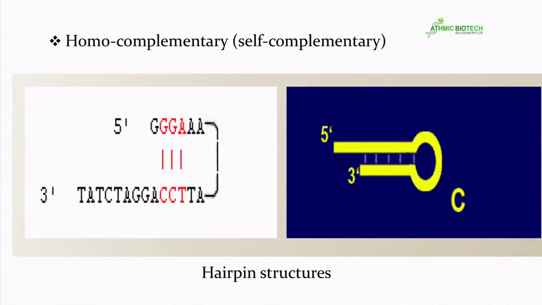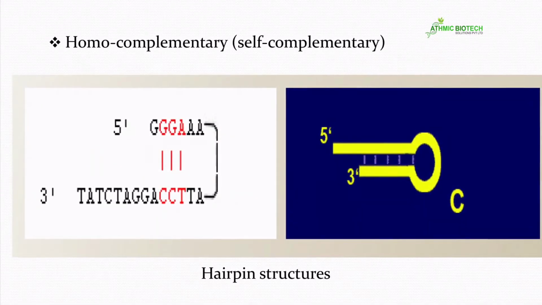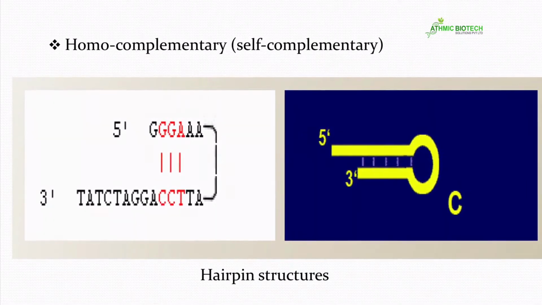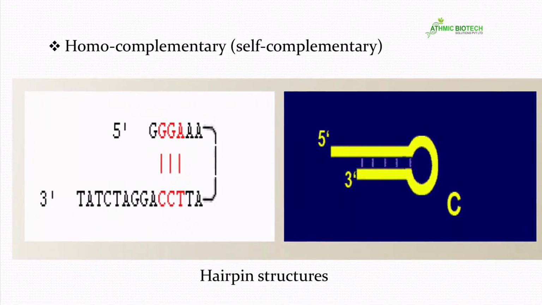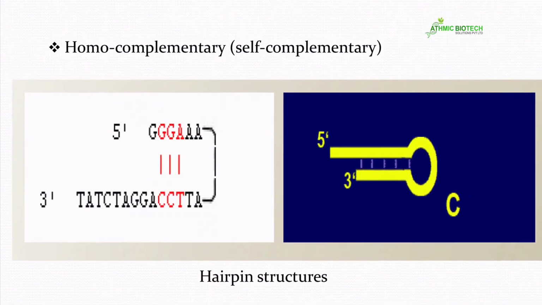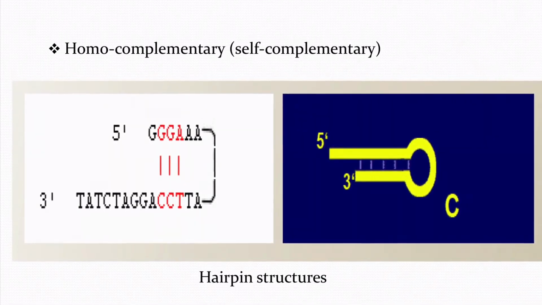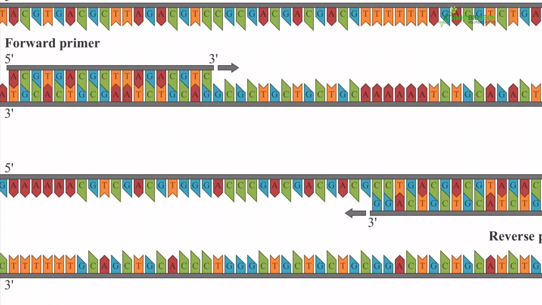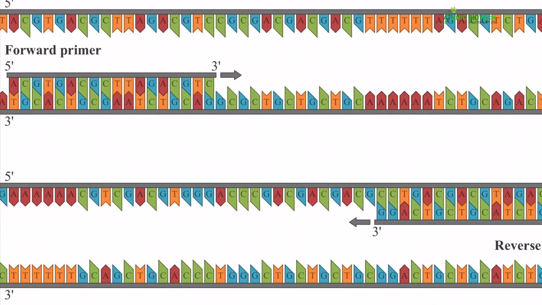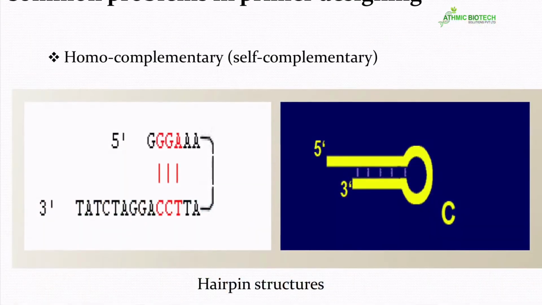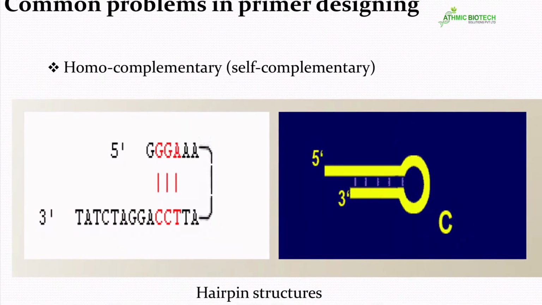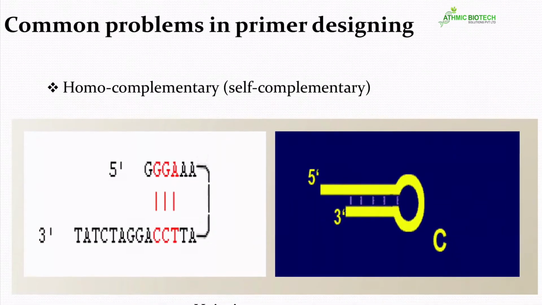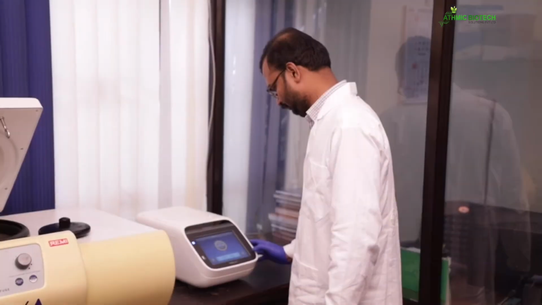Here are some of the common problems in primer design. Here you can see homocomplementarity, that is, your primer will form hydrogen bonds between the bases present in the same primer itself. That is called self-complementarity. In this figure you can see how the primer forms hydrogen bonds and forms secondary structures and hairpin structures.